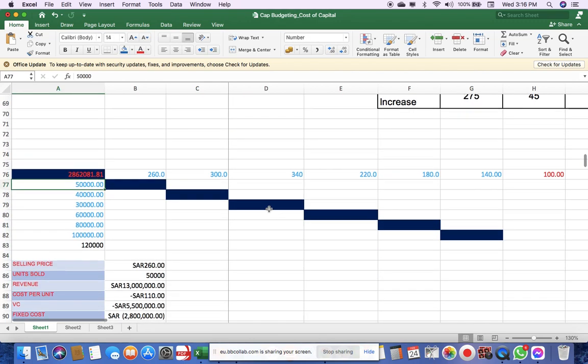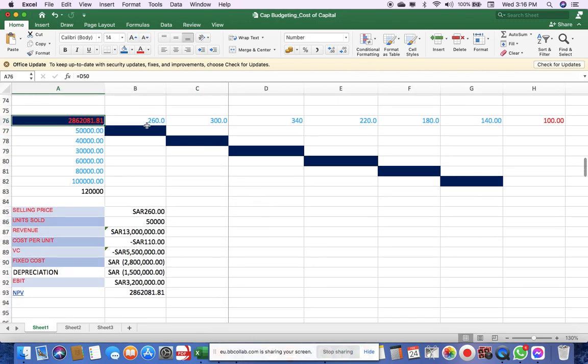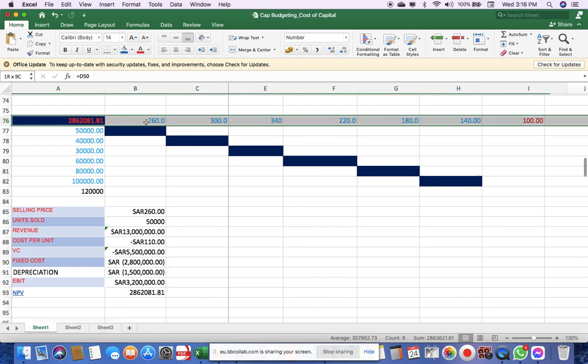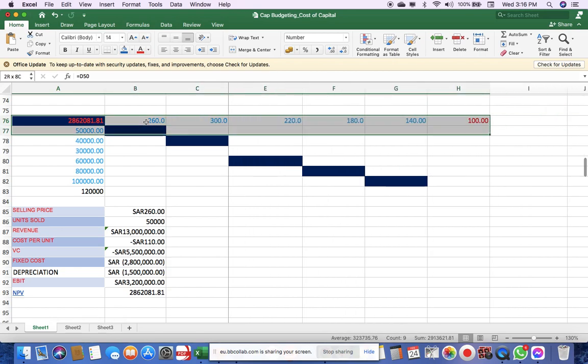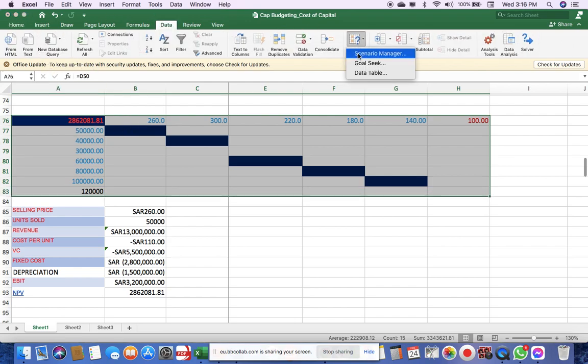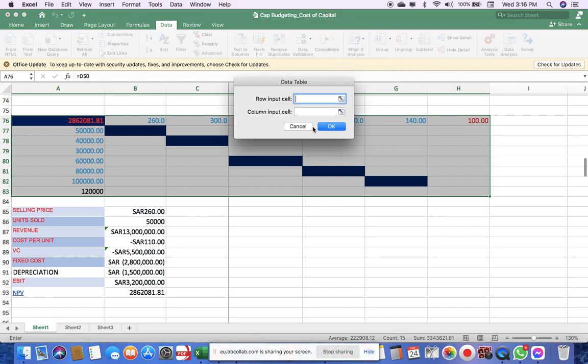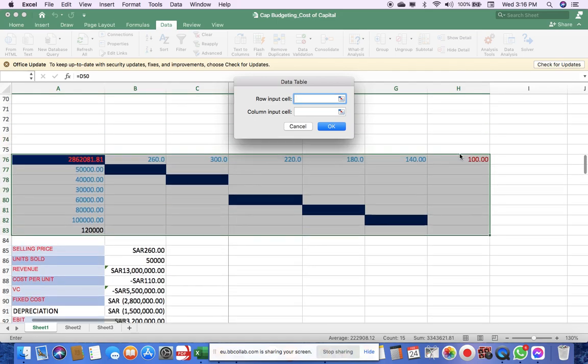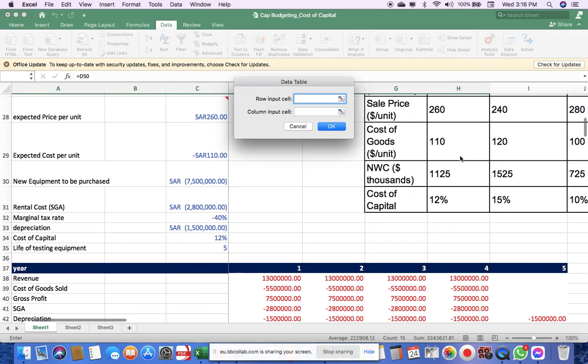enter, and select the range of data you want to fill. Go to the data, row input: what you want to change. In the row, you want to change the selling price.